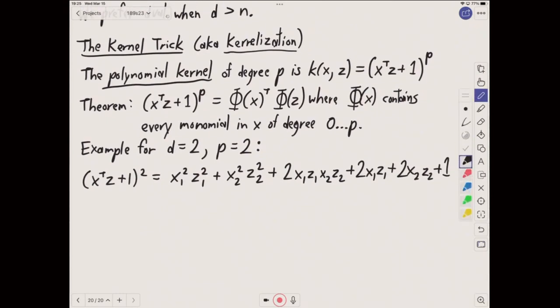So those are the 6 terms you get when you expand out both the inner product and the square. So now what I'm going to do is turn that long thing into an inner product, where I'm going to take an inner product of a vector that depends only on x with a vector that depends only on z. Here's a vector where the first component is x1 squared, the second component is x2 squared.